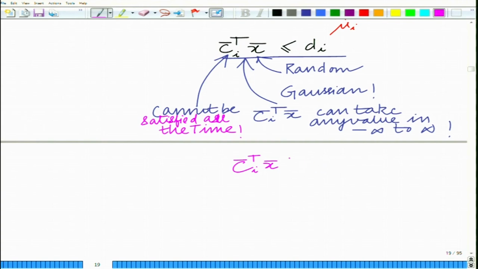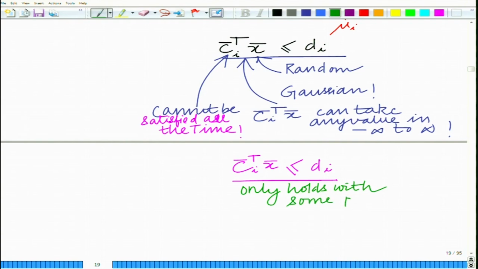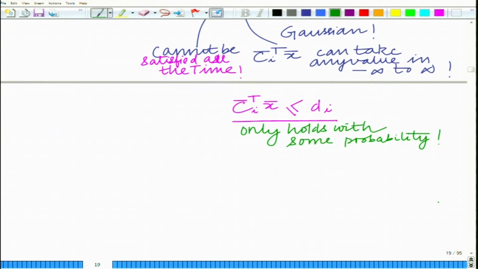So this holds only with some probability. Let us say the probability is eta.